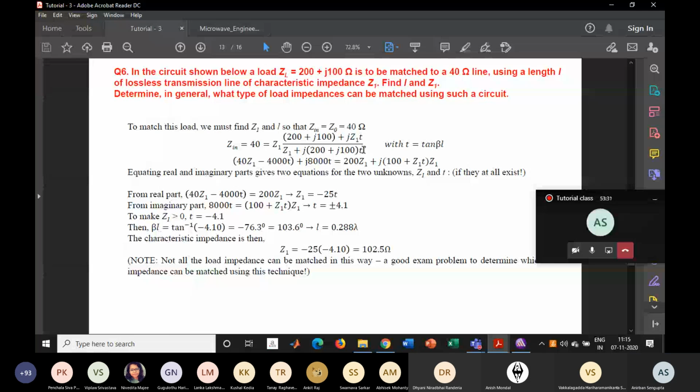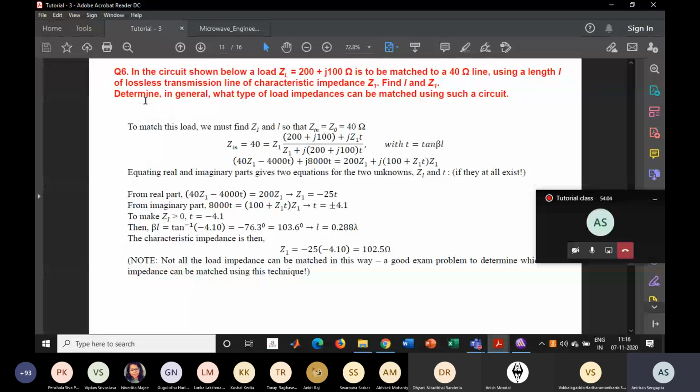Now 180 minus this will come out to about 103.6, and L will be 0.288 lambda. And for the characteristic impedance, you put this value into the first equation, minus 25 into T, and you will get 102.5 ohm.